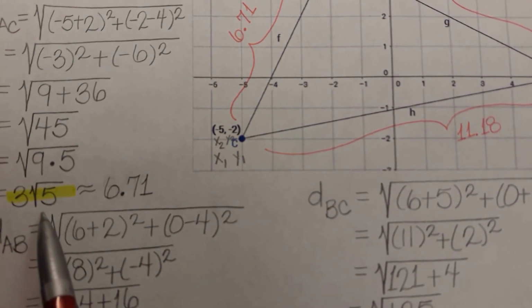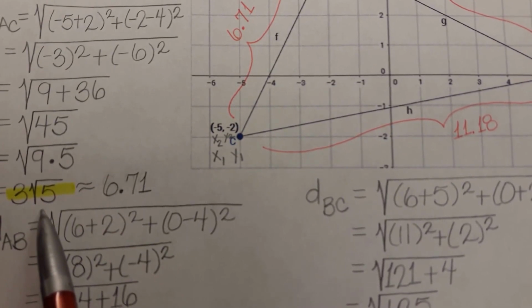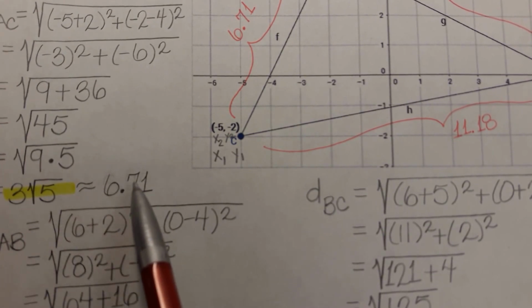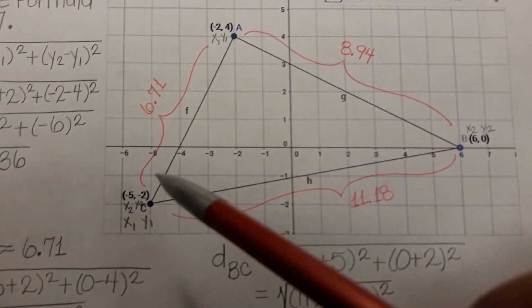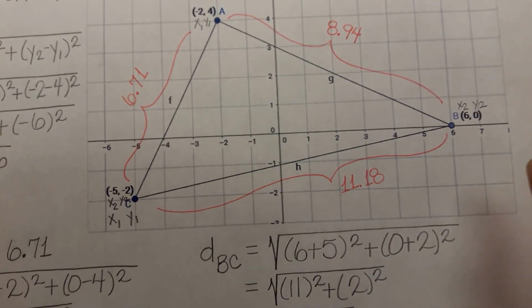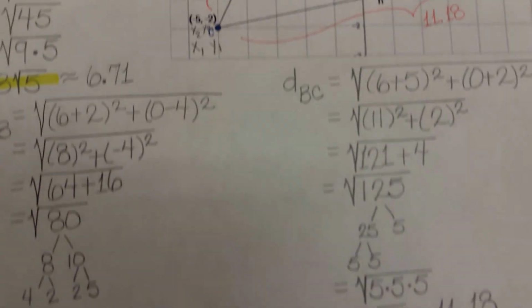Notice I have 3 square root of 5 highlighted because when I do my next step, I want to use the exact values, not the approximated value. But I did do the decimal part because I'm trying to see which part is bigger and which part is smaller. So I'm trying to look at the actual lengths of the sides.